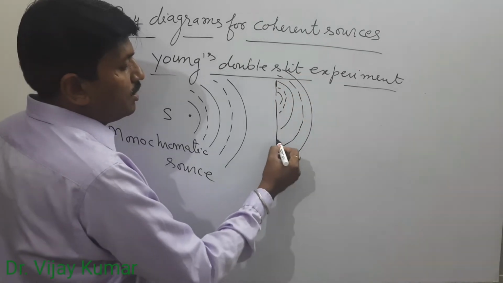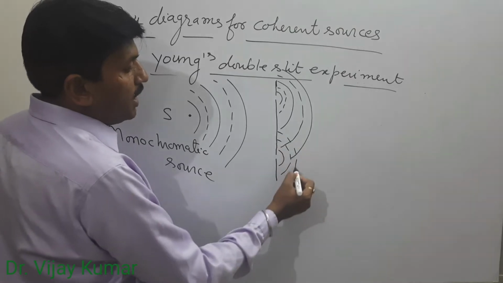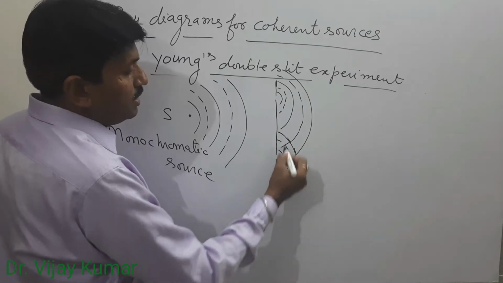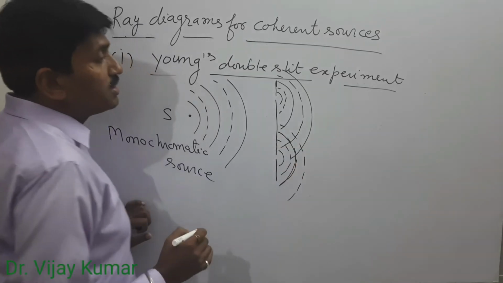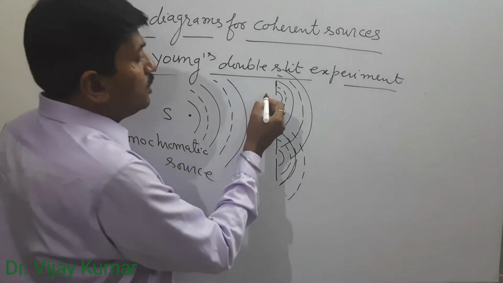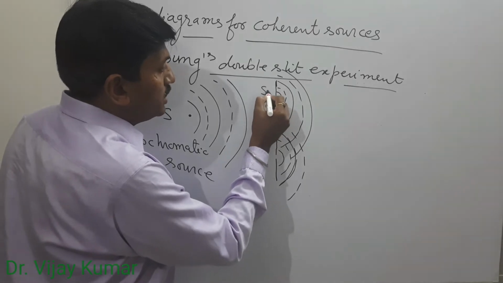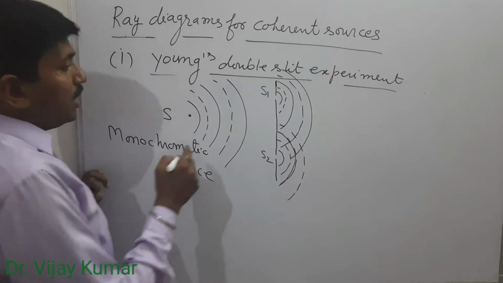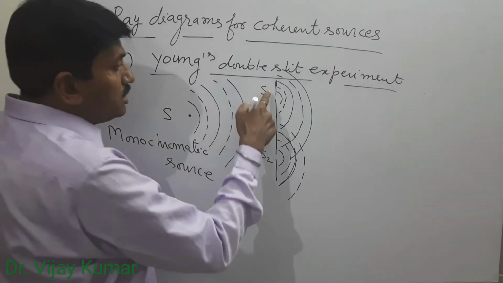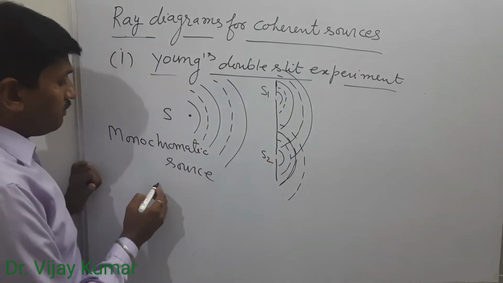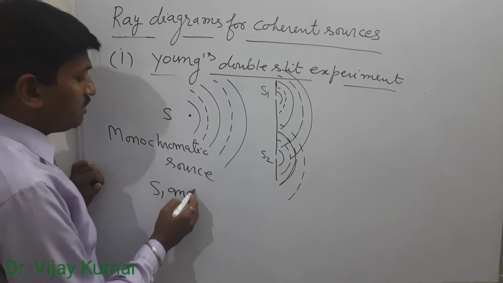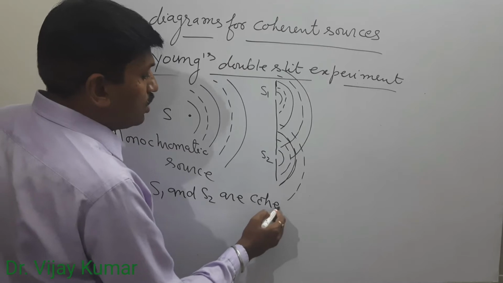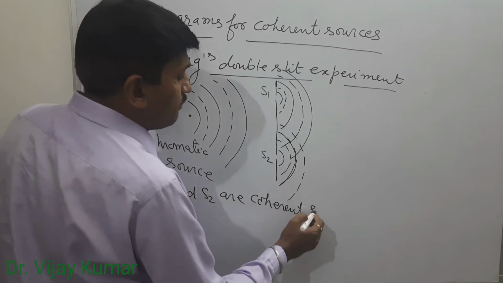and similarly by this pinhole, these are secondary wavelets, and these 2 pinholes behave like the sources S1 and S2. And if these pinholes behave like sources, we can say that S1 and S2 are coherent sources.